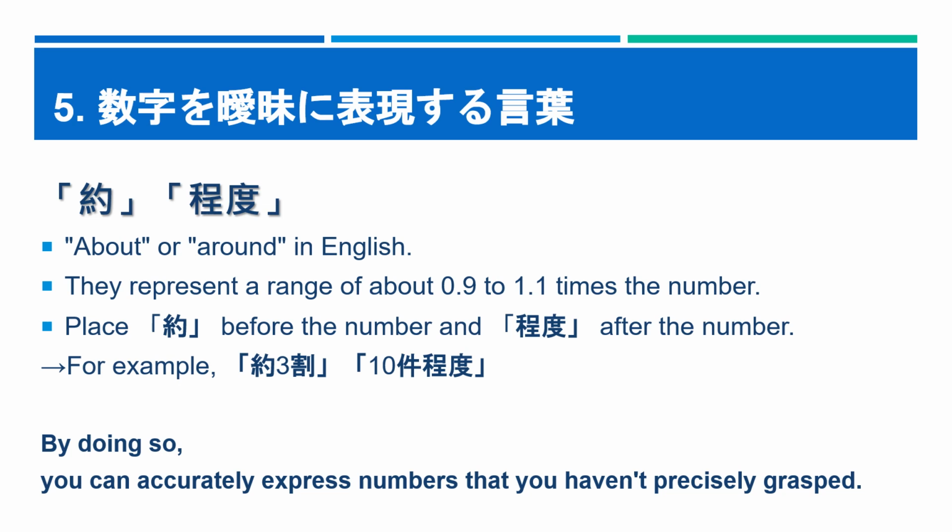There may be individual differences, but remember that they represent a range of about 0.9 to 1.1 times the numbers. As a note, place 約 before the number and 程度 after the number. For example, you can express 約3割 or 10件程度. By doing so, you can accurately express numbers that you haven't precisely grasped.